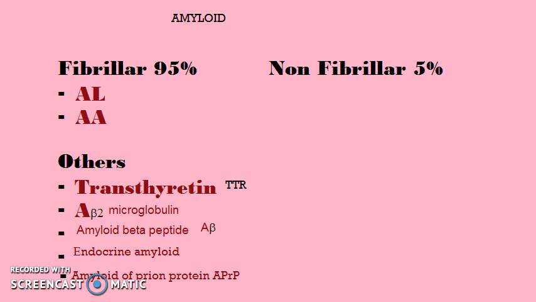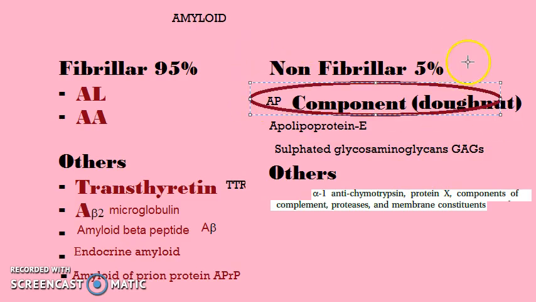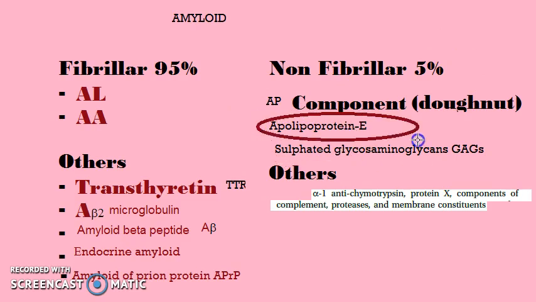Okay. Now let us look at the non-fibrillar components. Mainly you have to look at this AP component, because this AP component helps in staining. So you have the AP component, non-fibrillar. Then you have apolipoprotein E, apo E also you can say.